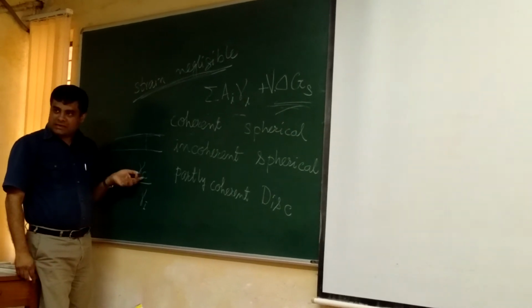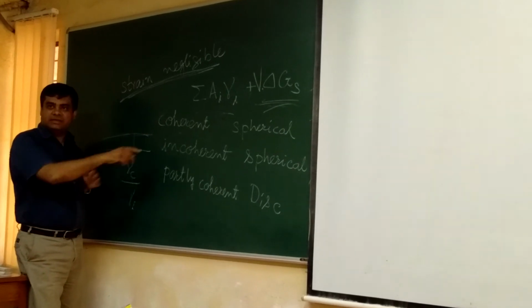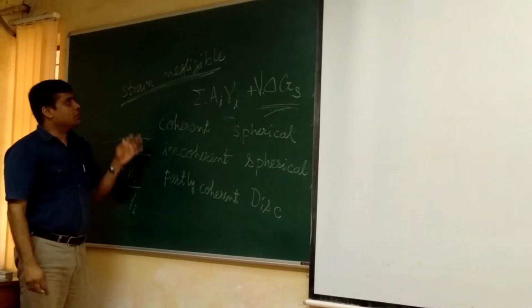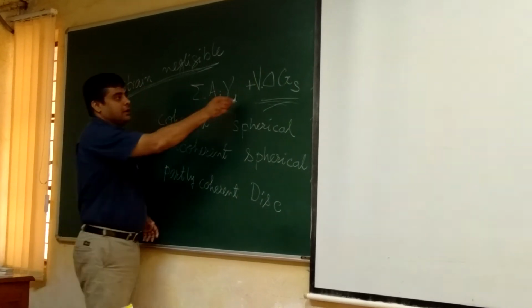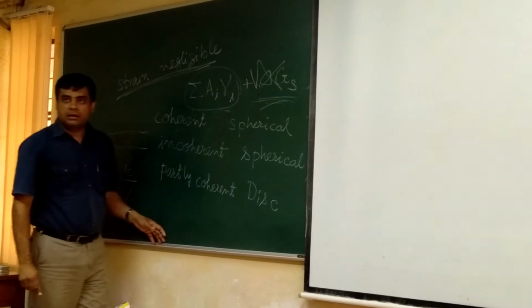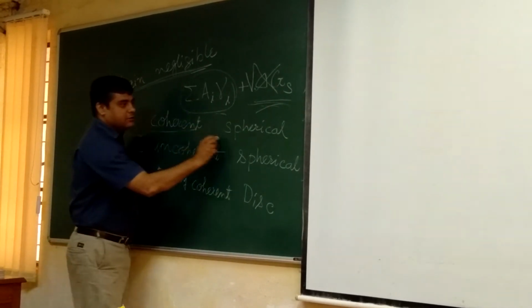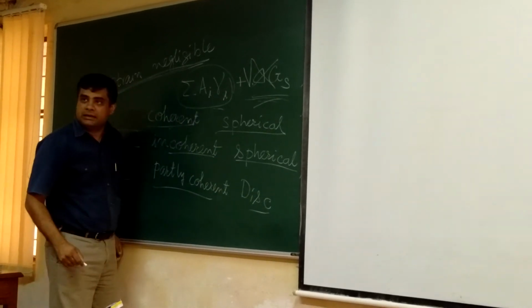So it is much less. So this ratio will be the thickness by diameter ratio of this disk shape. So these shapes will come when only this is most important, this is not important. For coherent it will be spherical, for incoherent spherical, for partly coherent it is this.